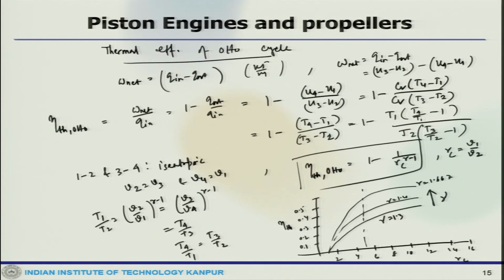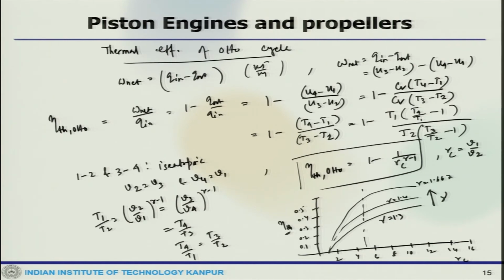Now, typically the working fluids in an actual engine contain larger molecules such as carbon dioxide, and the specific heat ratio also decreases with temperature, which is one of the reasons that the actual cycle will always have lower efficiency than the theoretical ideal Otto cycle.